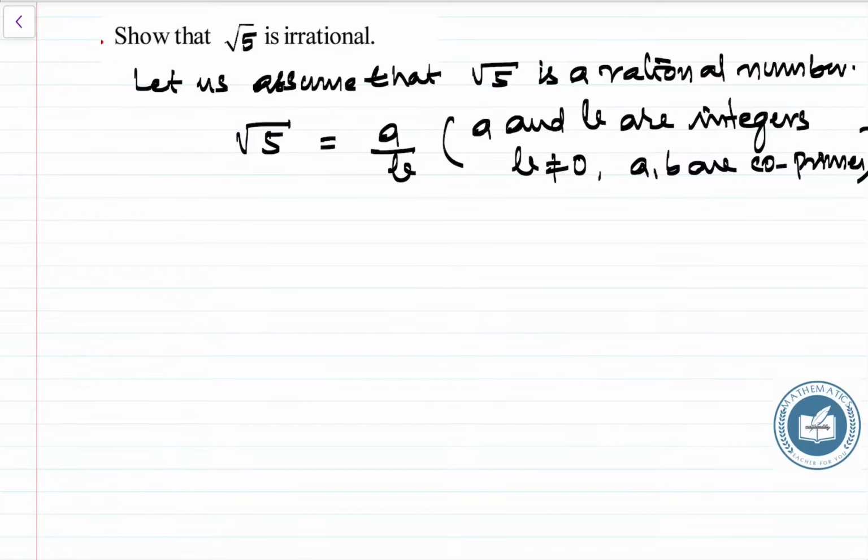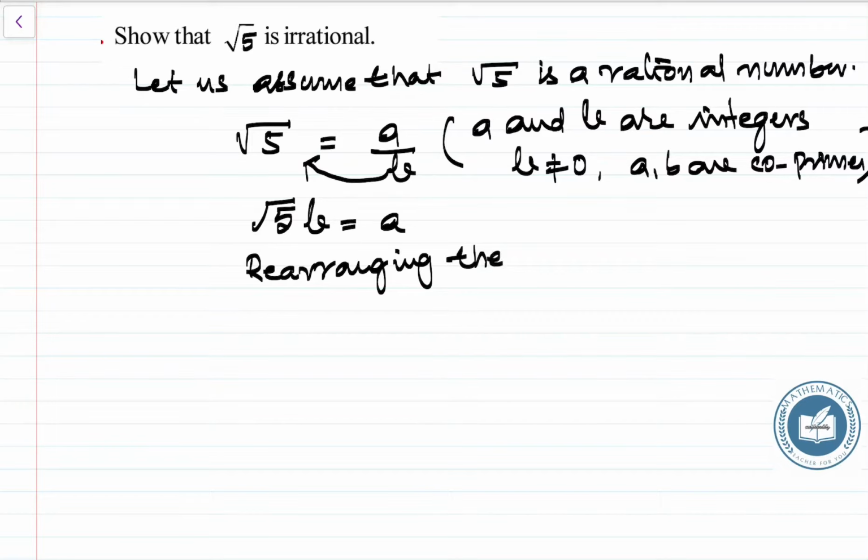Now here we can transpose b from right to left. So root 5 b equal to a. Rearranging the terms, we can write a equal to root 5 b.